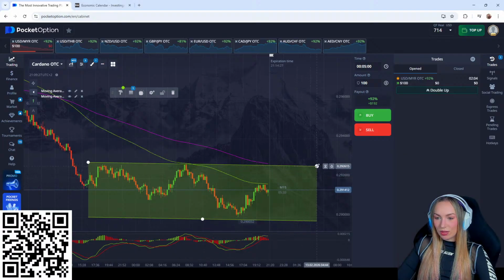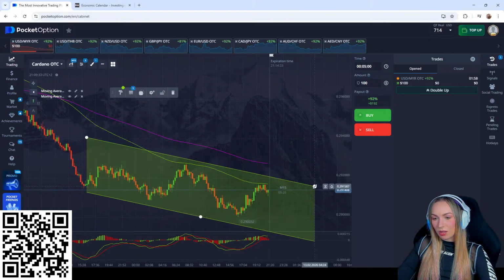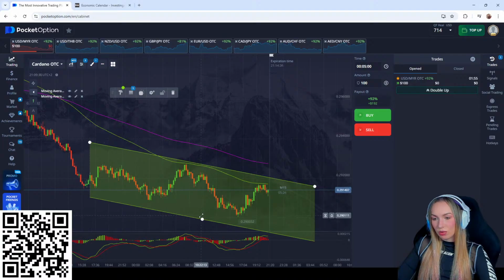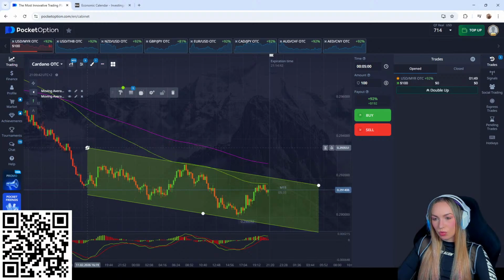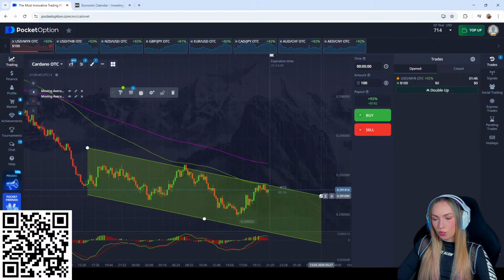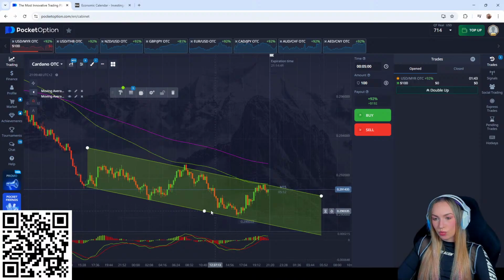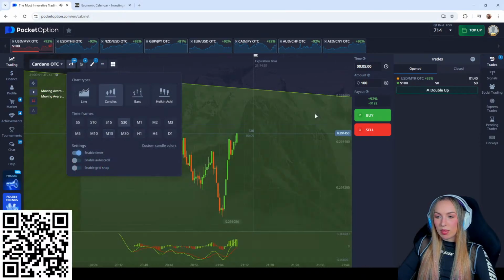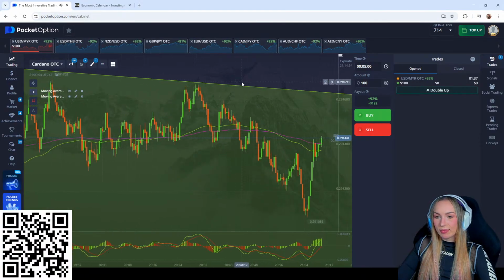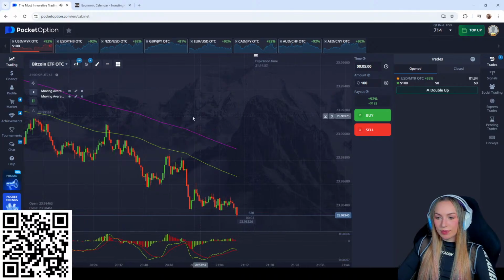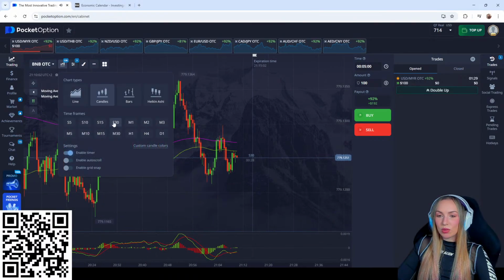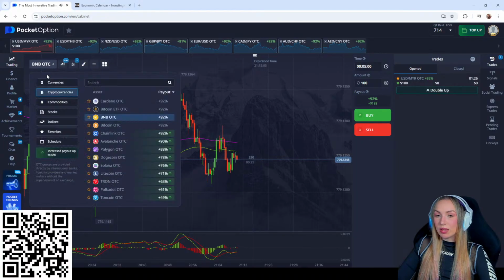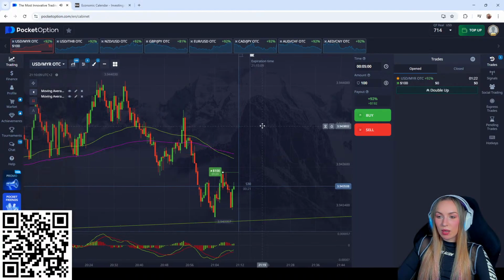I would love also, guys, to know your opinion about cryptocurrencies. This looks like lateral channel, but if I try, okay, maybe something like that, but I don't know. I don't like it. Not enough volatility here to open the trades on 30 seconds time frame, my favorite time frame.